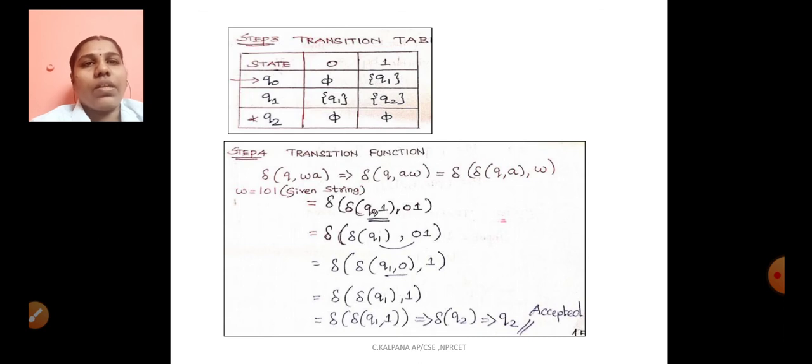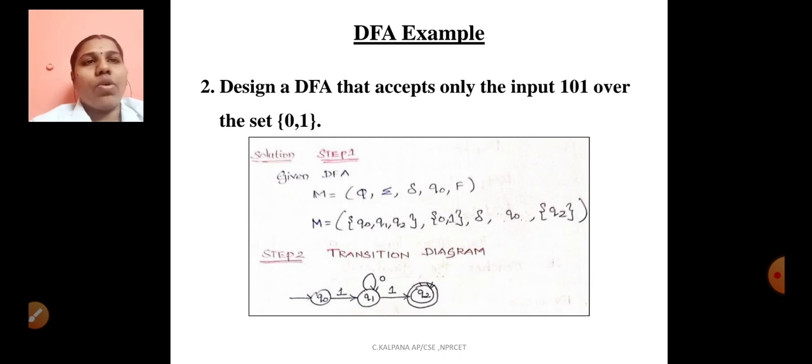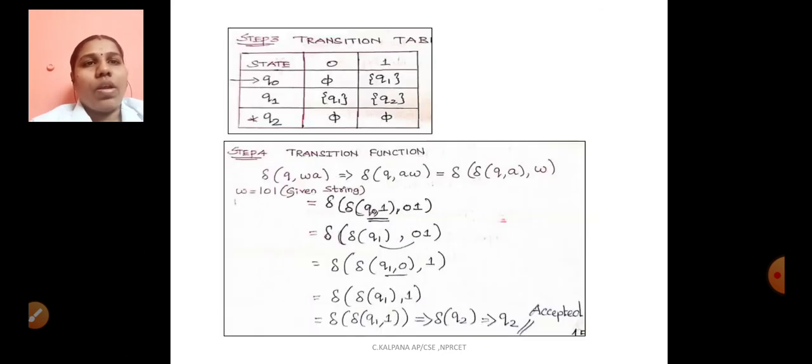The formula of the transition function is δ(q, wa) = δ(δ(q, w), a). So this is the transition function where w is the input, that is 101. You have to represent 101. So the first input 1 can be present inside the transition function δ(q0, 1). The remaining input can be represented after the comma, 01.